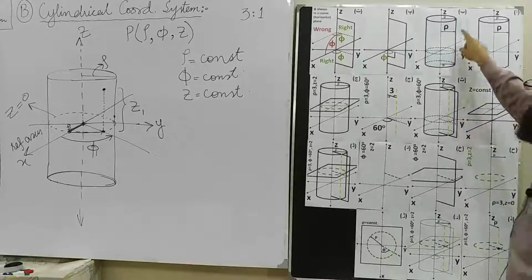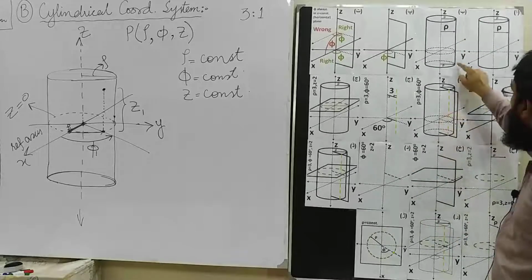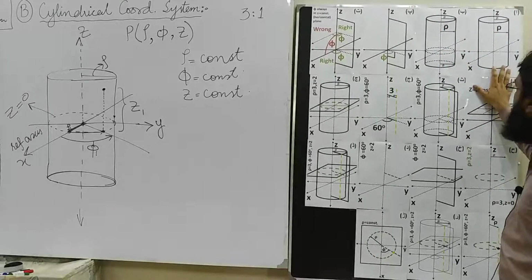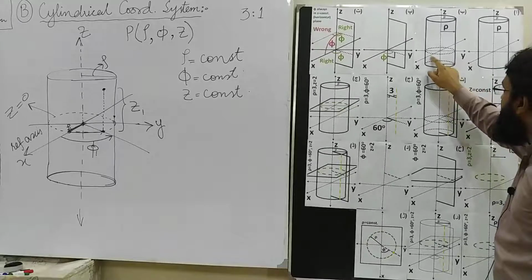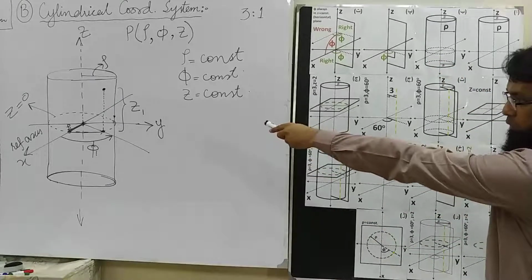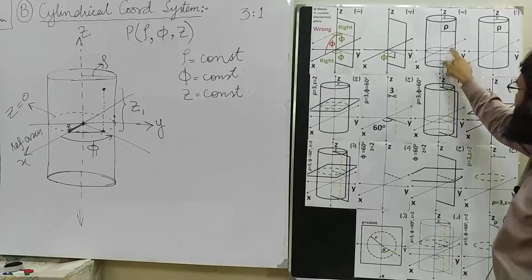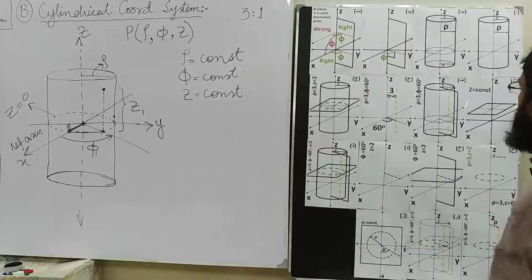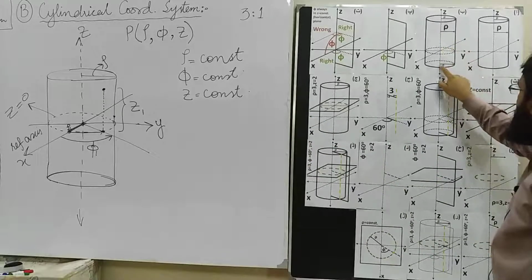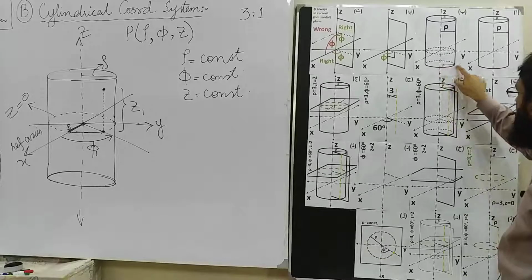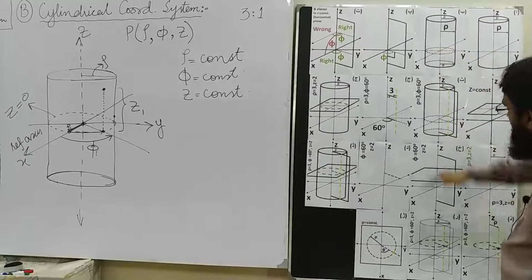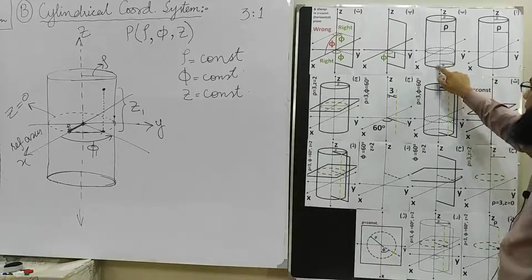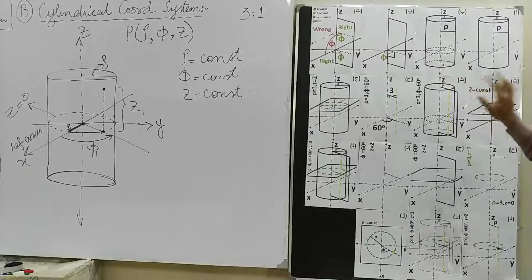All right, and in figure number B, I've just shown you the intersection of this rho equals constant surface with the z equals 0 plane, the one which I drew right there. So this circle is the circle which I drew on the z equals 0 plane, the base of this cylinder. If you want to find the radius from this point, you just have to take the perpendicular distance.